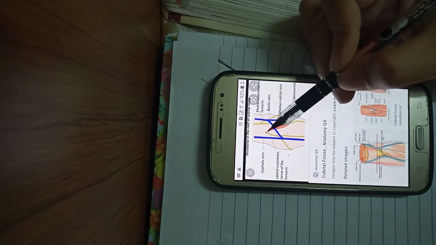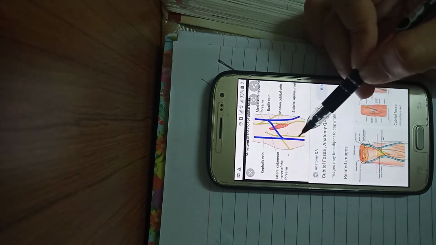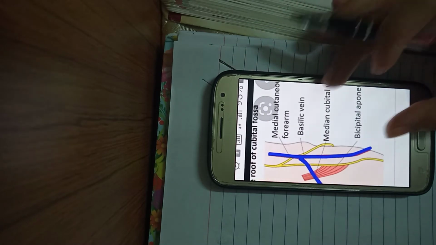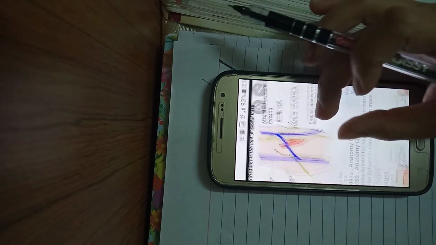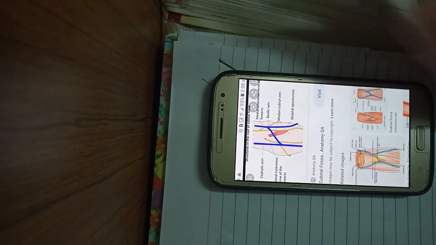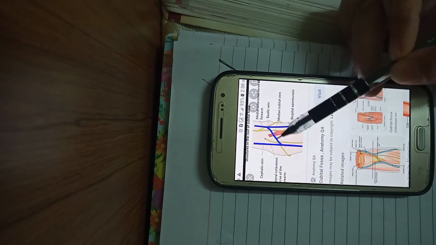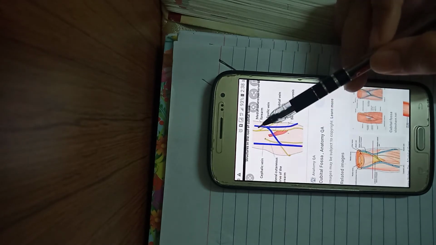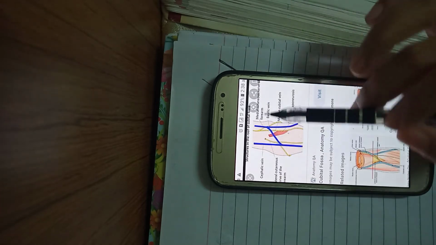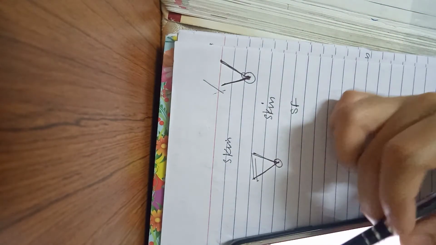In the diagram, this one is the lateral cutaneous nerve of forearm, and this one is the medial cutaneous nerve of forearm. So we have three veins and two nerves: the median cubital vein, basilic vein, cephalic vein, lateral cutaneous nerve of forearm and medial cutaneous nerve of forearm. These are the structures in the superficial fascia.